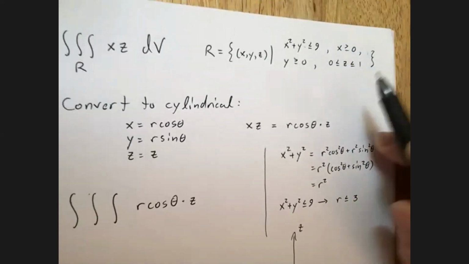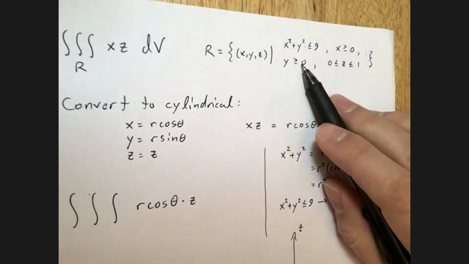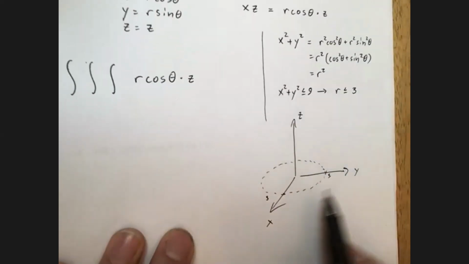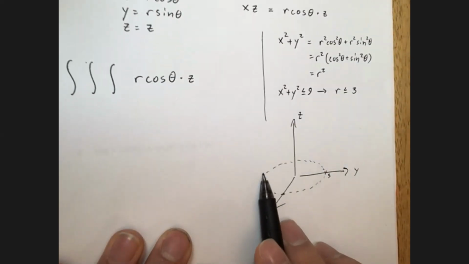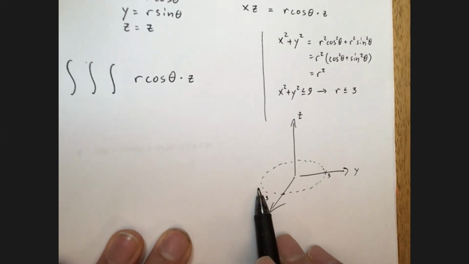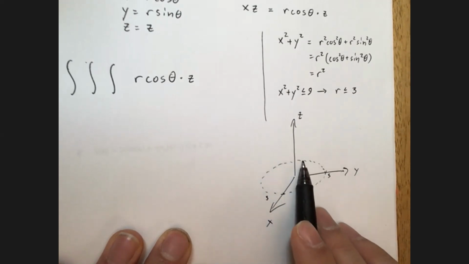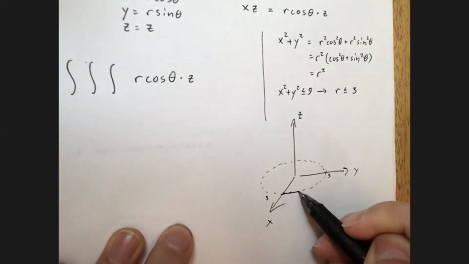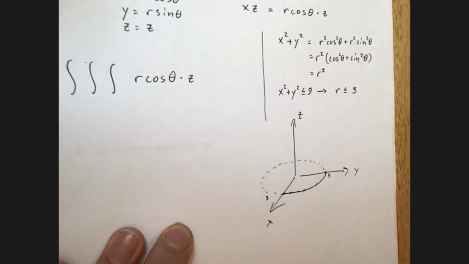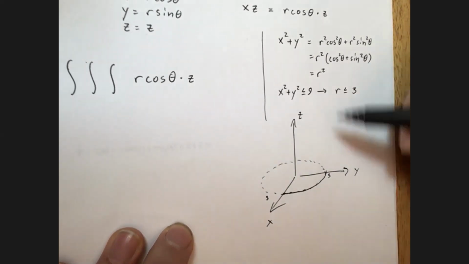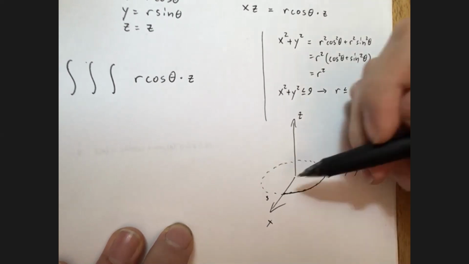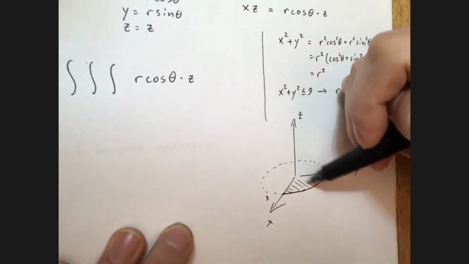And then what else do we have? We have y is greater than or equal to 0. So that means we can ignore this half of the circle over here where the negative y's live. So really all we're left with is just this part of the circle. And remember, r is less than or equal to 3, so we're actually inside the circle here.